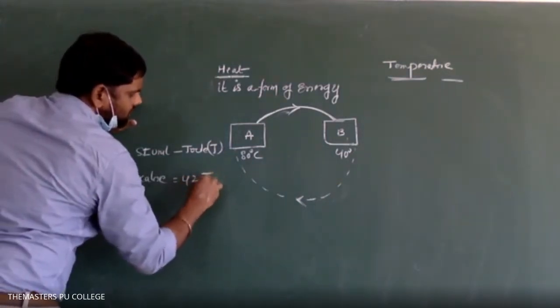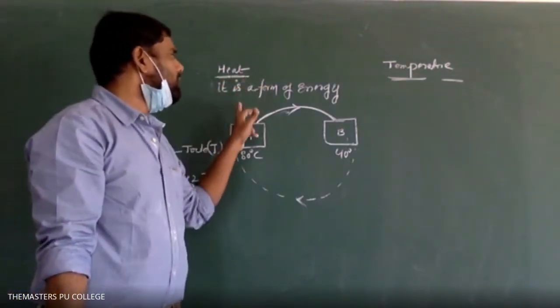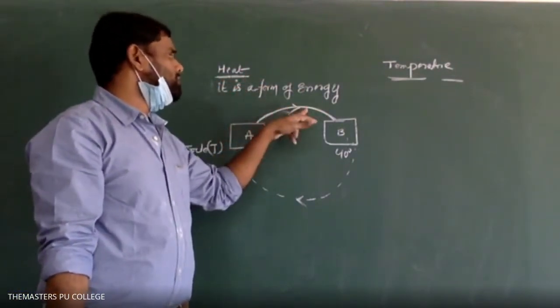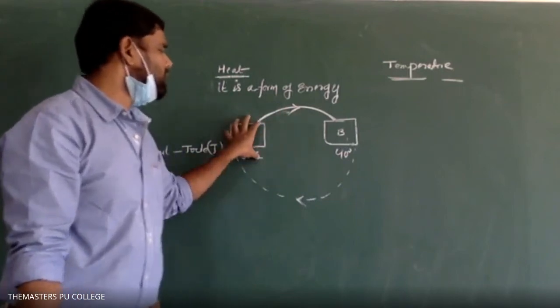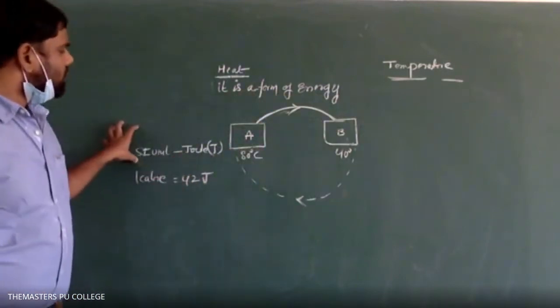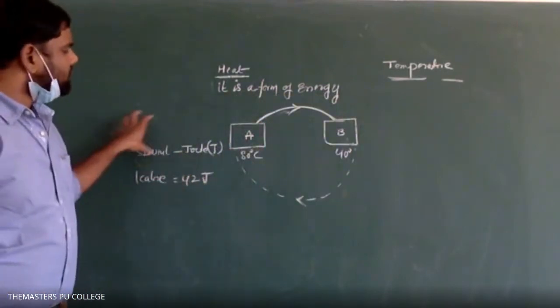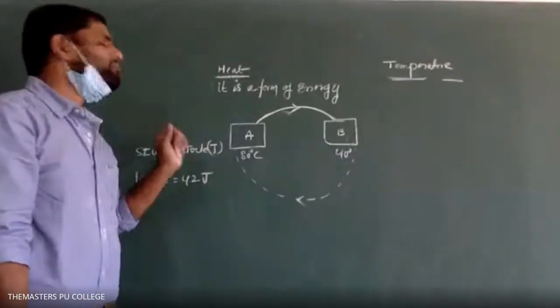So, heat is a form of energy. By itself, heat always transfers from a body at higher temperature to a body at lower temperature. The SI unit of heat is the joule, and it can also be measured in calories. 1 calorie is equivalent to 4.2 joules of energy.